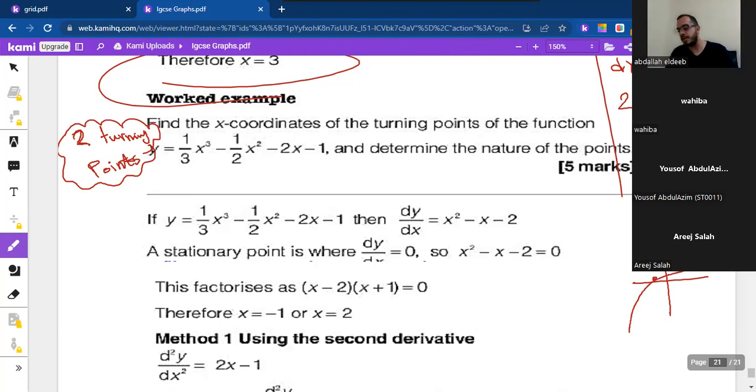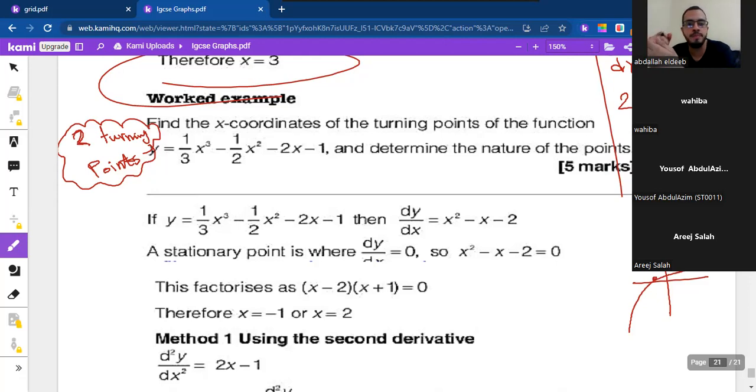And now the question is how to find the turning points. As I told you before, if he asks you to find the turning point, find dy by dx. Yes? So what should I do first? Find the first derivative.